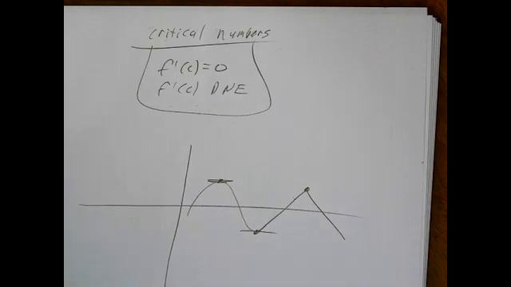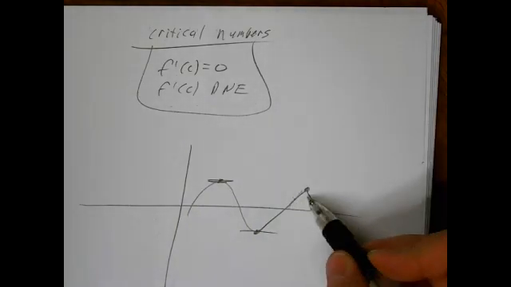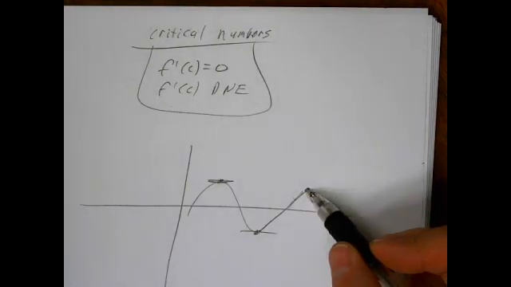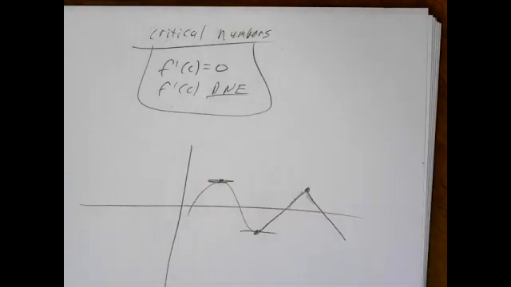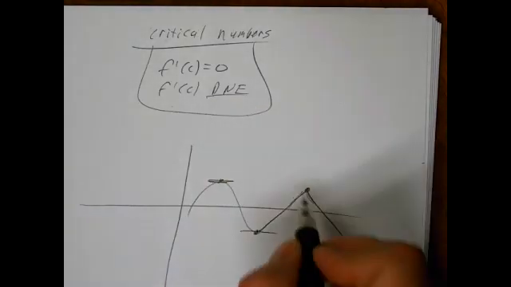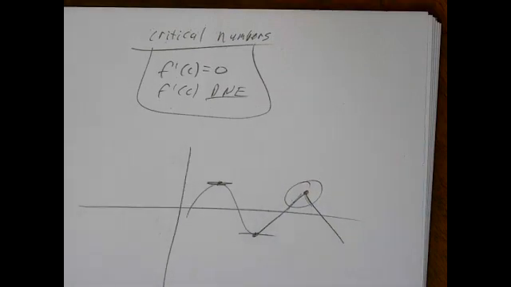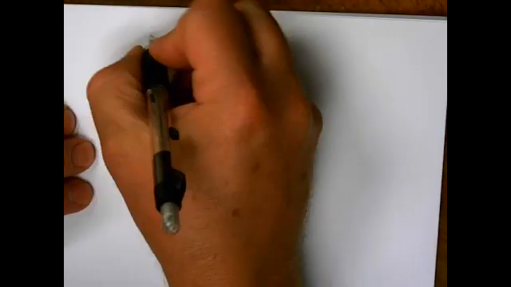That point right there, its derivative doesn't exist because the slope on the left and the slope on the right are not the same. So that derivative at that point would be one of the do not exists. And as you can see, it's another great place to check for local maxes or mins. So what that brings us to is what's commonly called the closed interval method.